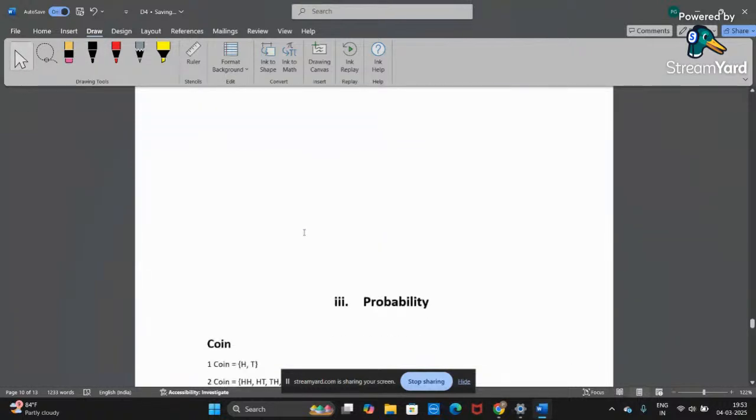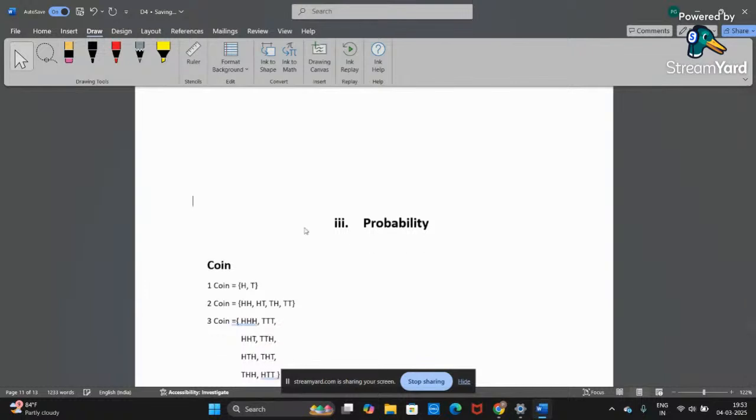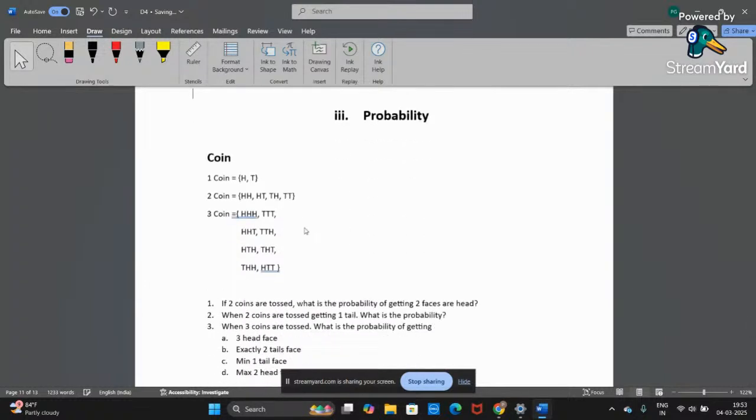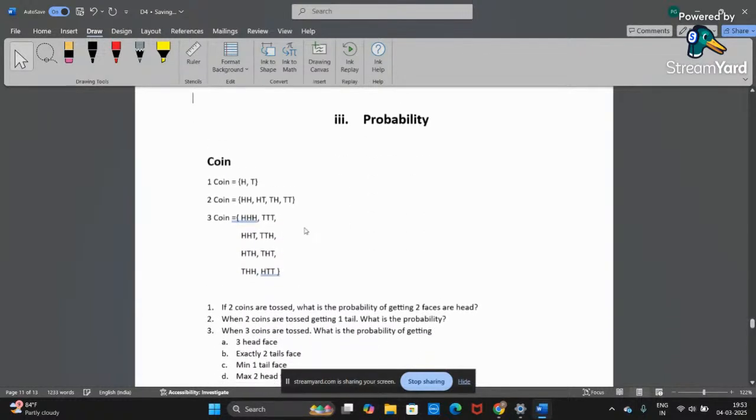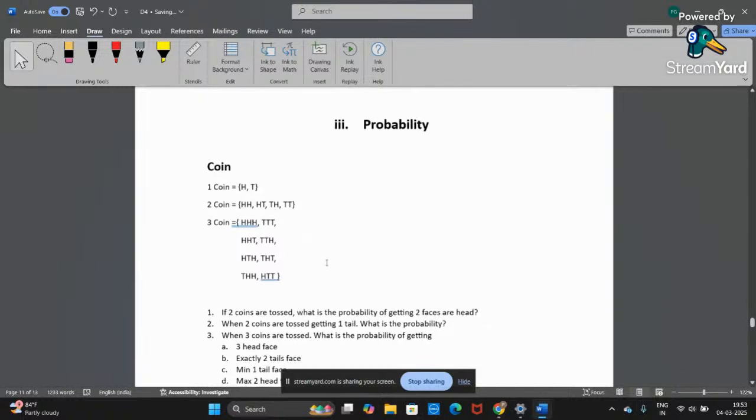Okay. Now let's move on to next topic, that is probability. First we'll solve the problems on coin. If there is one coin, there is a probability of getting 1 head or 1 tail. If 2 coins are tossed, there is a probability of getting 2 heads, or 1 head and 1 tail, or 1 tail and 1 head, or 2 tails.